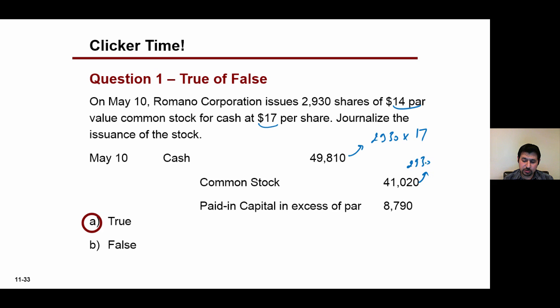This is 2,930 multiplied by $14, and the difference between the two will be credited to paid-in capital in excess of par. So as you remember, whenever the company issues stocks, the company will debit cash according to the selling price, credit common stock according to the par value, and the difference between the two will be paid-in capital in excess of par.